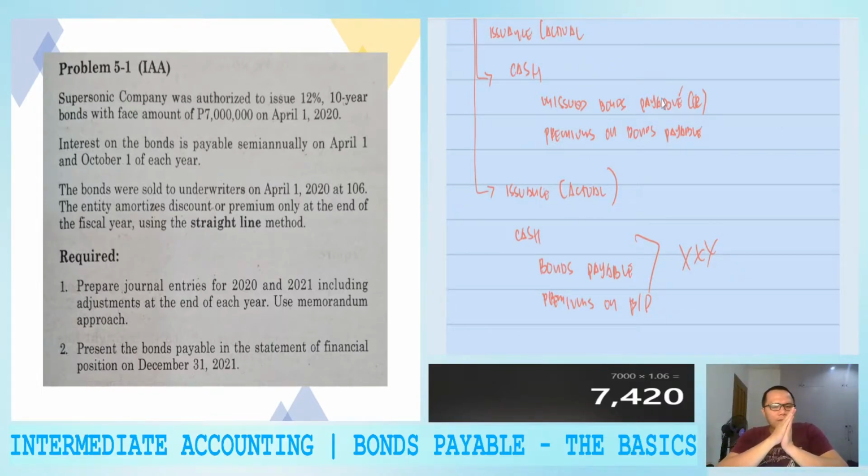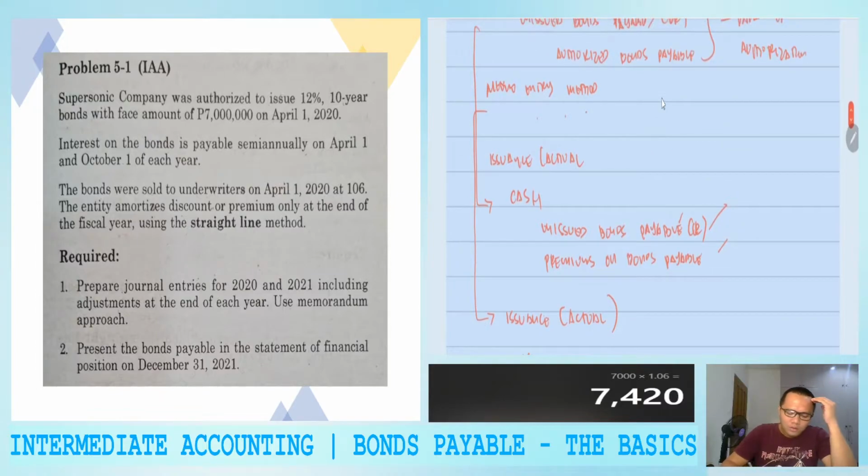So ngayon, commonly, per industry practice, memo entry method ang ginagamit because, kung mapapansin ninyo, mas practical gamitin ang memo entry. Kasi itong journal entry method on the authorization of bond issuance, medyo hindi naman siya komplikado, but medyo tedious lang in the sense na you need to recognize pa your unissued and then your authorized.